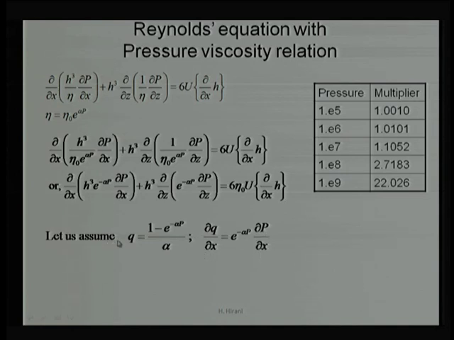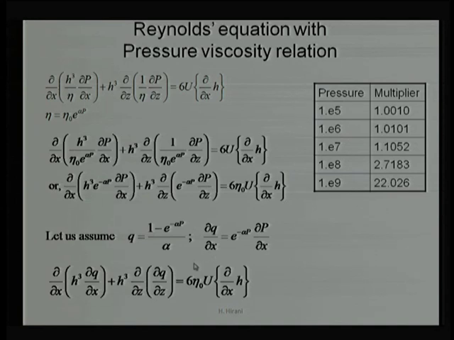Similarly, differentiating with respect to z, we get e power minus alpha p times dp by dz, and that can be substituted here.